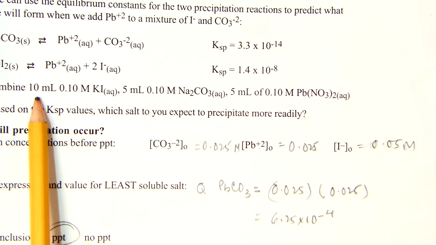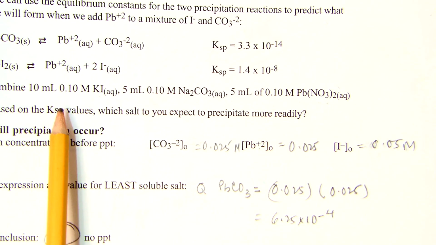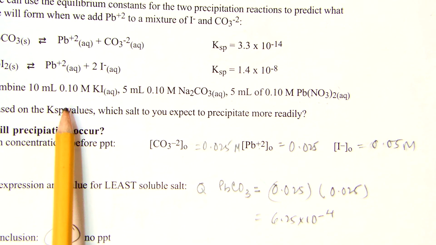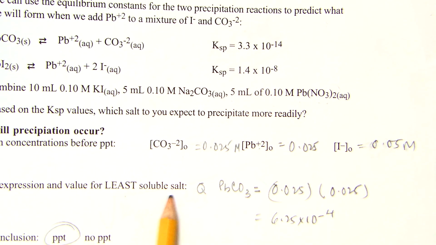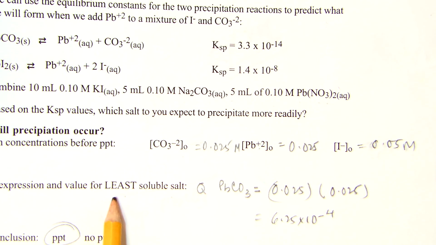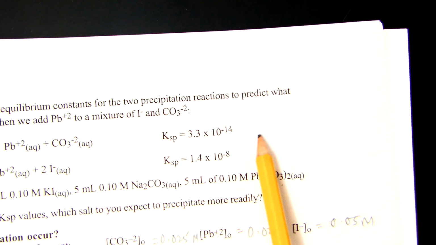Now for the least soluble salt, how do we calculate Q? Solubility, remember, is given by Ksp. If you compare the Ksp of the two, which one is a lower value? Lead carbonate, right? Because its Ksp is lesser.